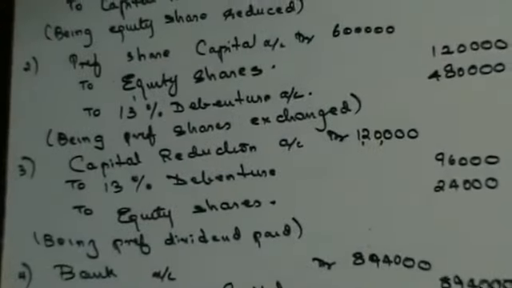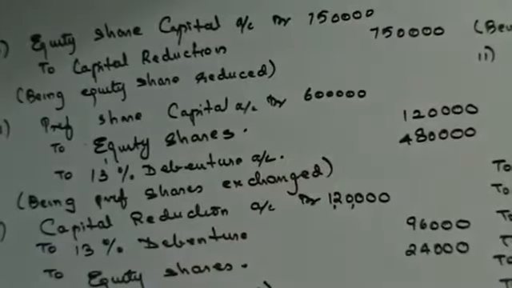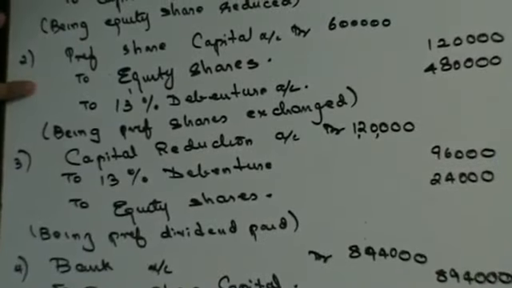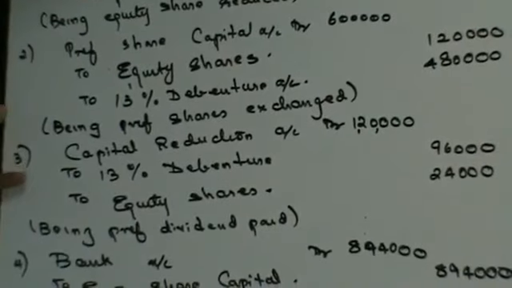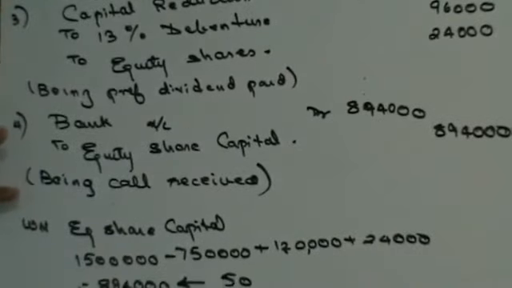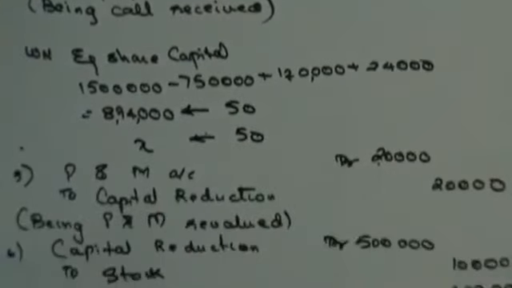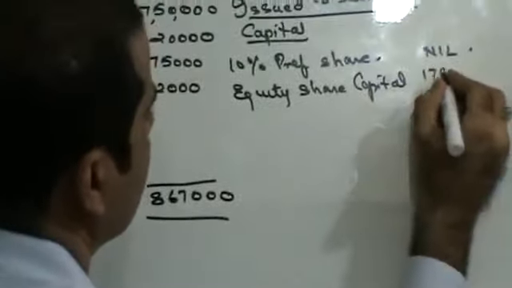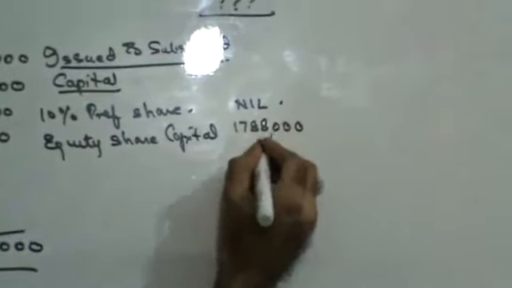So, minus 7 lakhs 50,000. Then you have add 1 lakh 20,000, add 24,000, add 8 lakh 94,000. That's it. How much is that? 17 lakh 88,000.